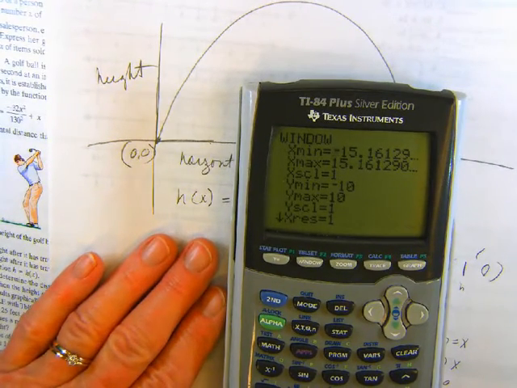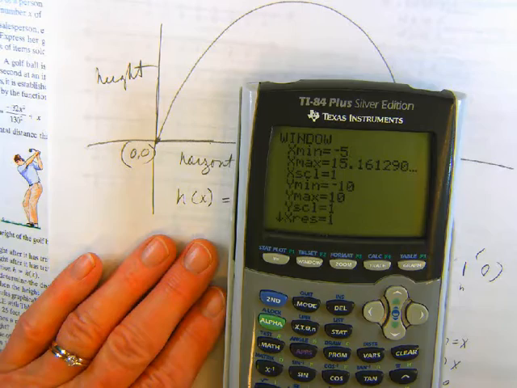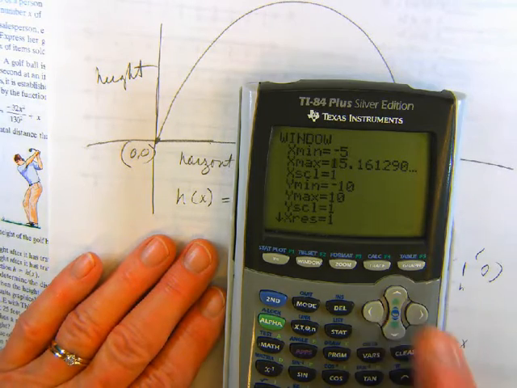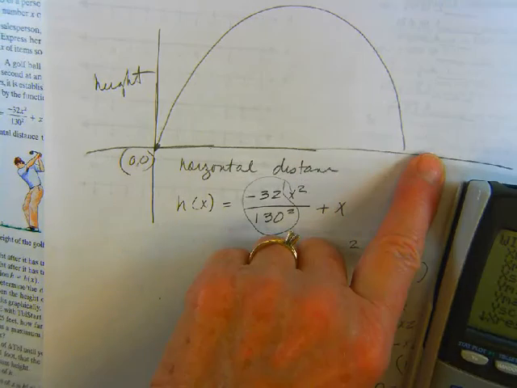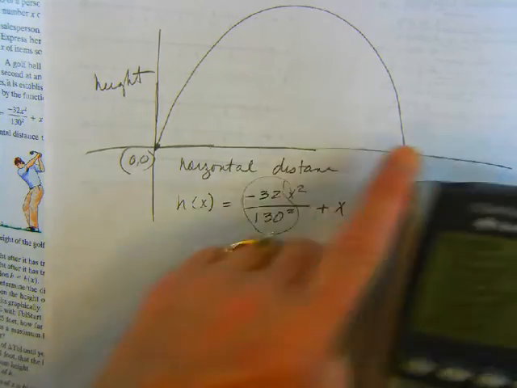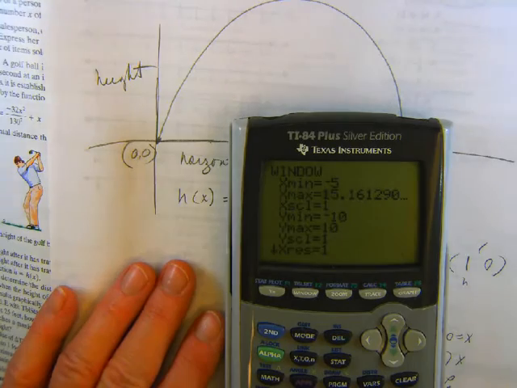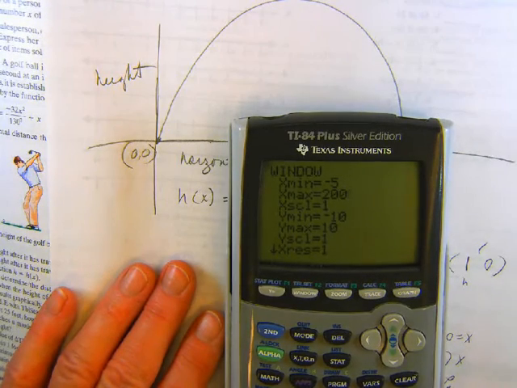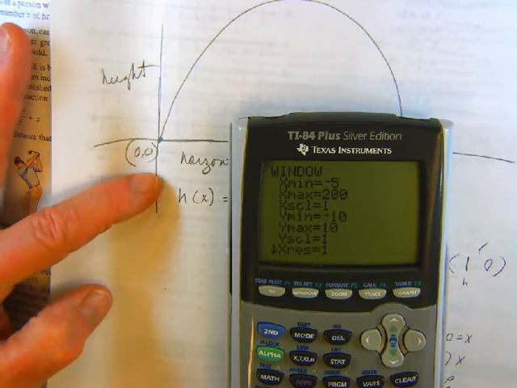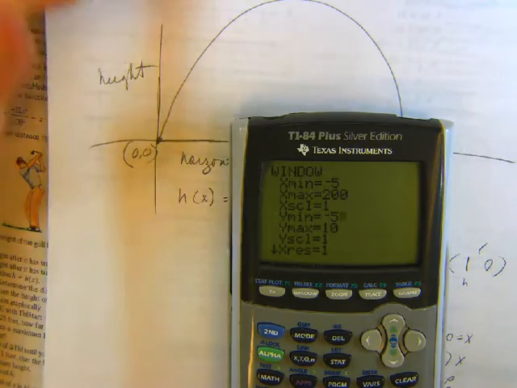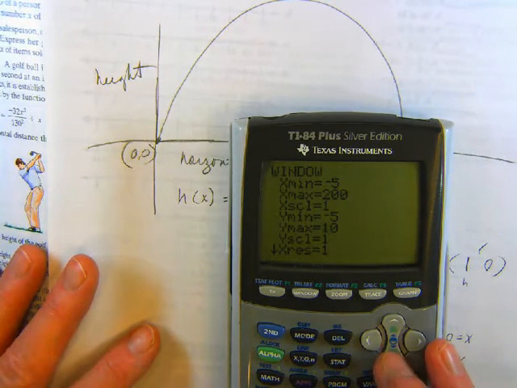X max is going to be how far out this baby goes. I'm going to put 200. I might hit it 200 feet, so I have a good day. My y min, I'm going to put at a negative 5. My y max is how high this thing goes. I'm going to put it at 150.